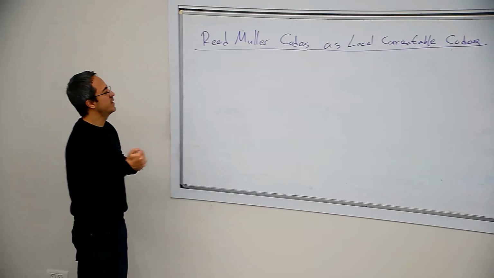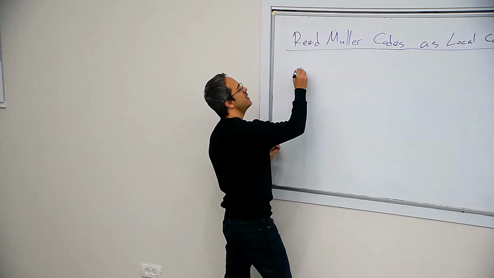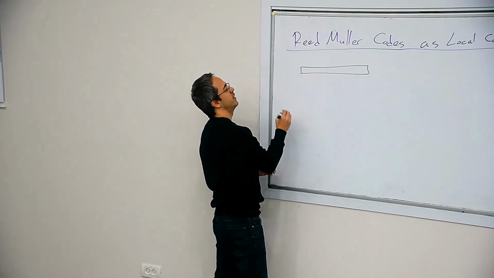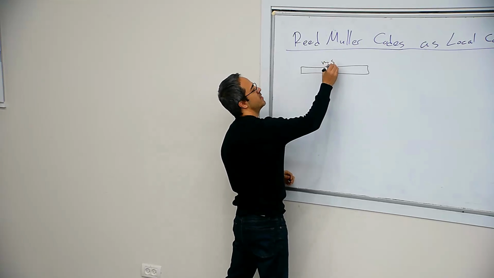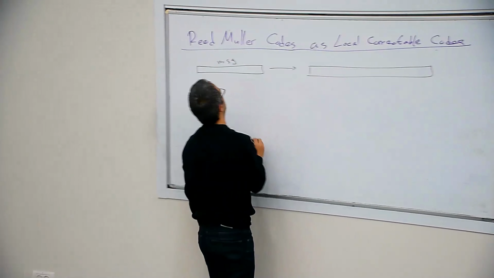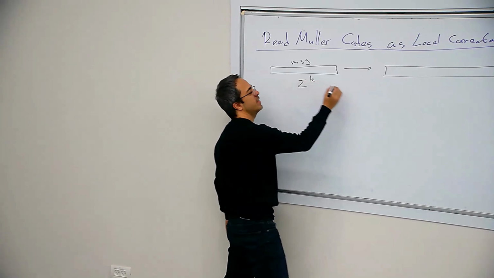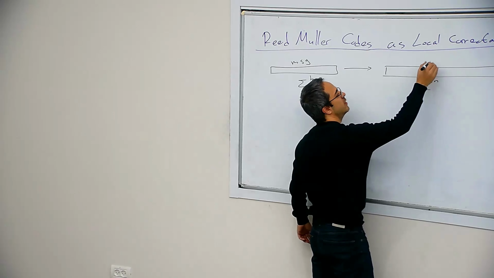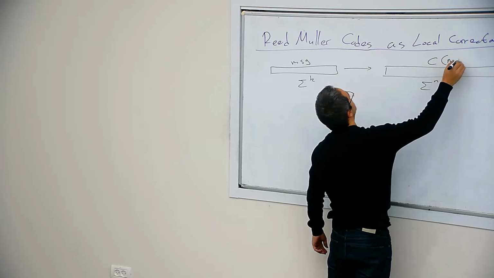But essentially, what you want in a locally correctable code is, this is the code word. Someone had a message, maybe that's the message, they encoded it to a code word, a bit longer. This is like sigma to the k, sigma to the n. So this is C of the message.